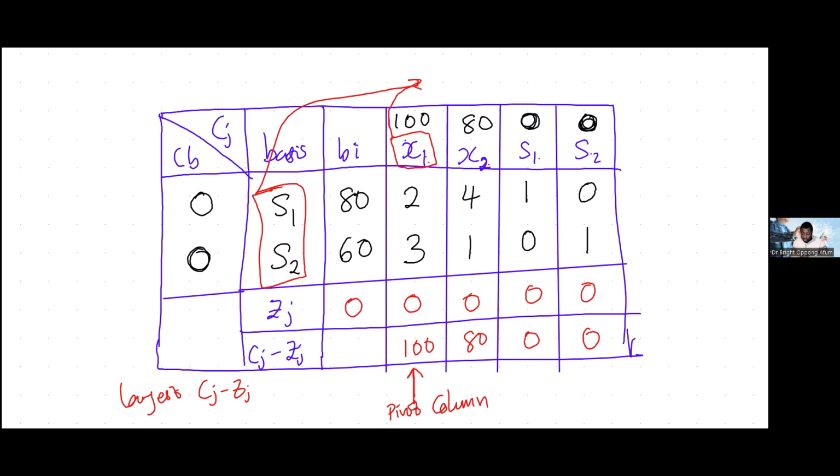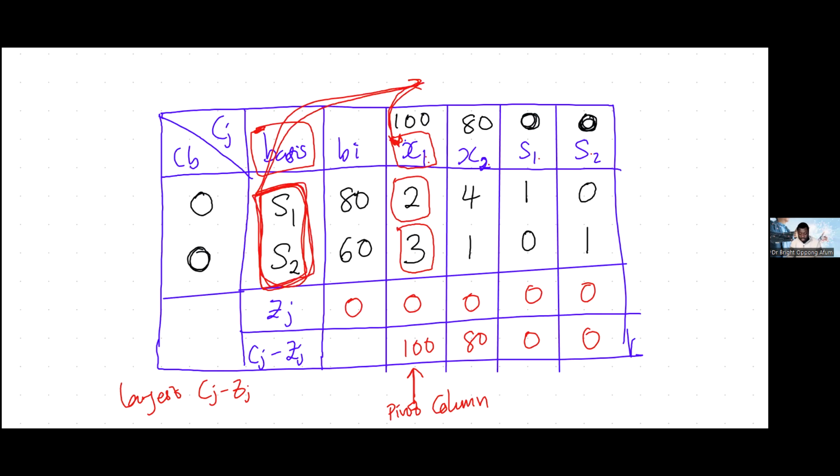Then when we find this, we use this and also that to find out which decision variable in the basis column must leave for x1 to come in, right?